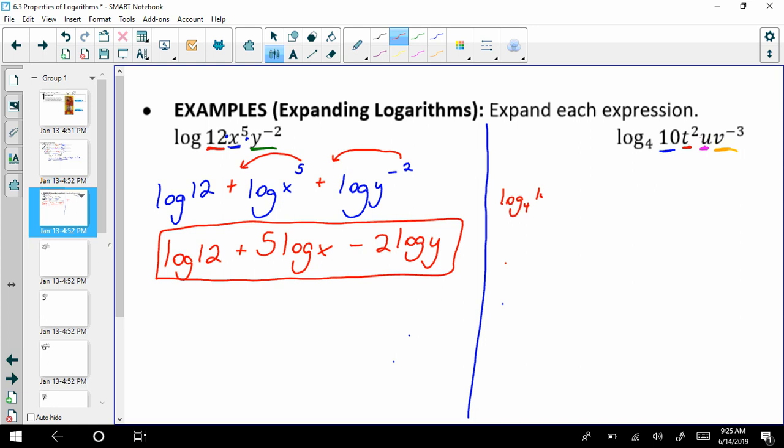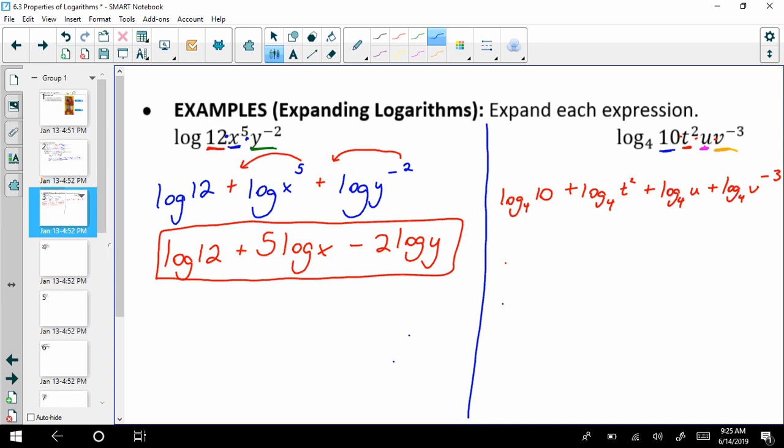So log base 4 of 10, log base 4 of t squared, log base 4 of u, and log base 4 of v to the negative 3. Because there was multiplication in between all of these terms, I know it's going to expand into addition.